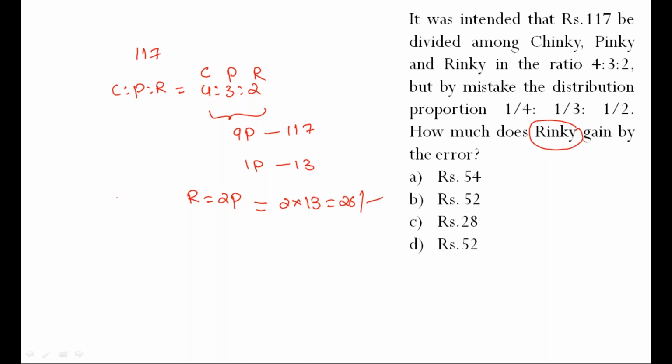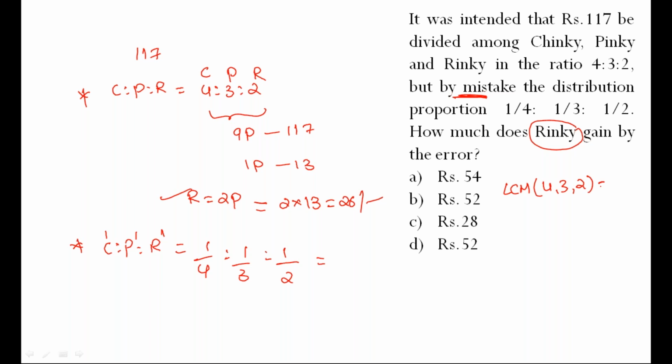Let's keep this for a while. But by mistake, they distributed the amounts differently. The correct amount Rinky should get is 26, but by mistake they distributed the amount in 1/4, 1/3 and 1/2. My dear friends, just now I discussed that you should maintain positive integers, not fractions. So we take the LCM of 4, 3 and 2, which is 12. We should multiply all of these by 12.